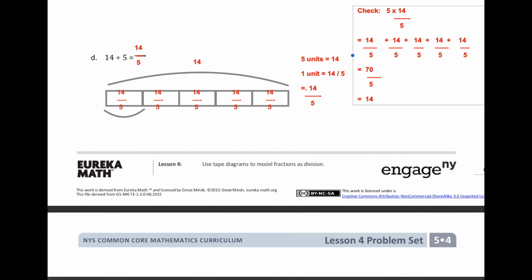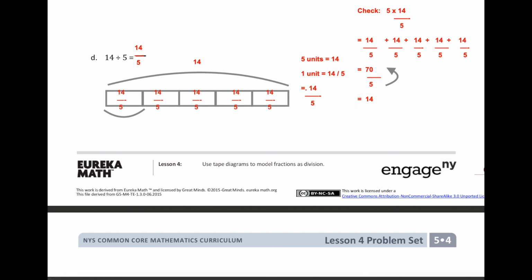Now your job is to see how many times can 5 go into 70. Well, just use your fingers for this one because it's easy to count by 5s. So 5, 10, 15, 20, 25, 30, 35, 40, 45, 50, 55, 60, 65, 70. That equals 14 times. Okay?